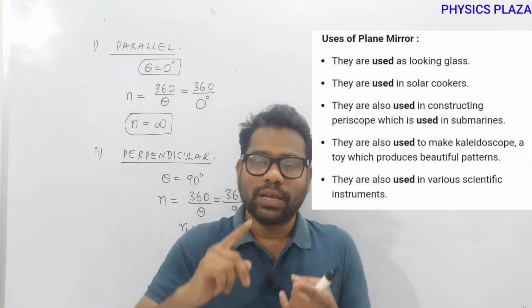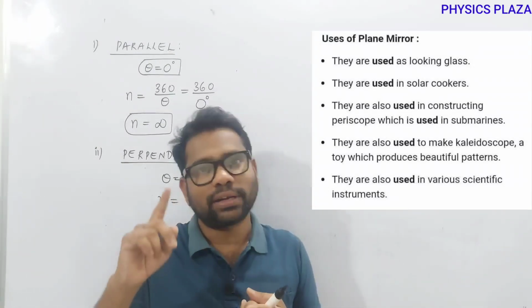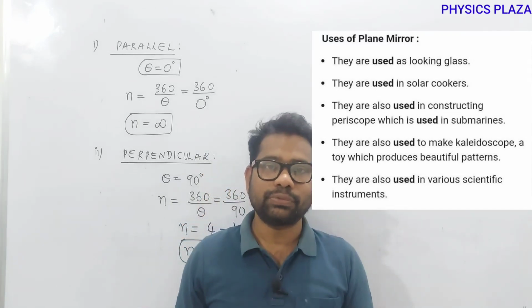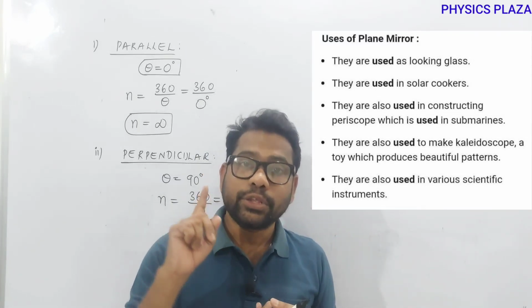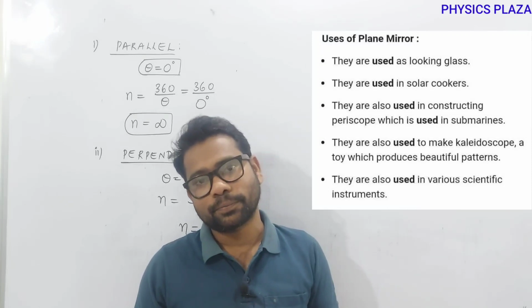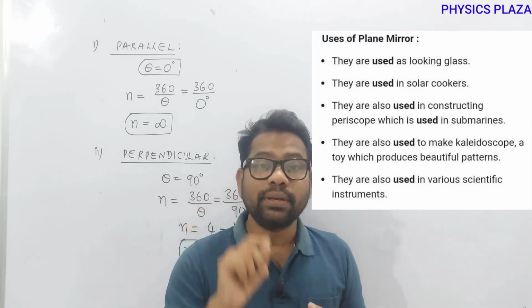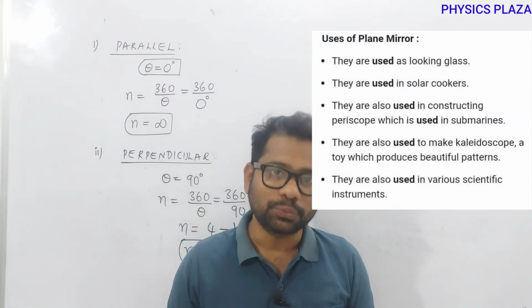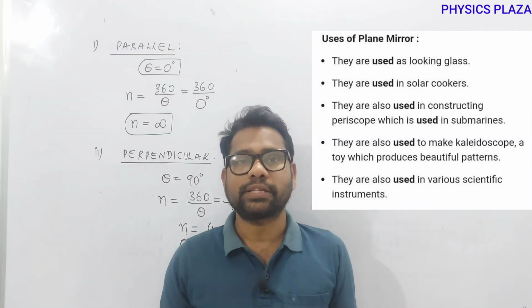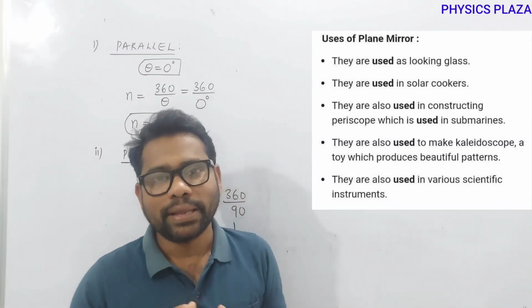So plane mirrors are used as a looking mirror. That is the first one. Second, they are used in periscopes, and plane mirrors are used in kaleidoscopes also. So these are the important applications of plane mirrors.